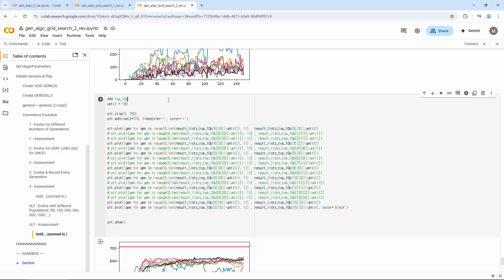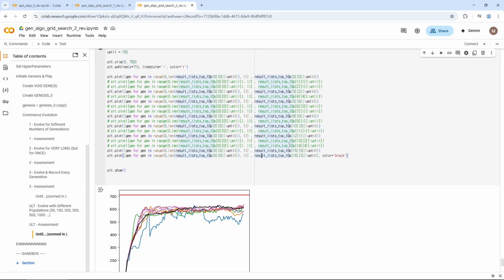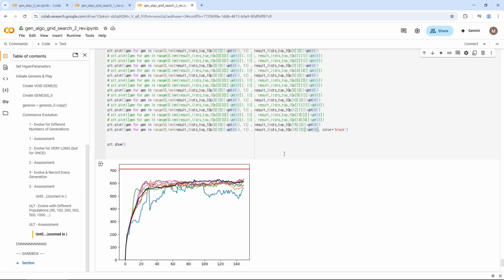This is for top 10%. So for the black, which is for population size 2000, it climbs up and then it stays there. There's not much of a plateau, not much of a peak, as it just generally goes up. For the red one, there is a peak, and then it comes down, and this is for smaller population.